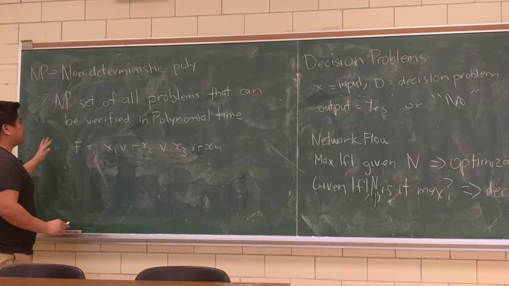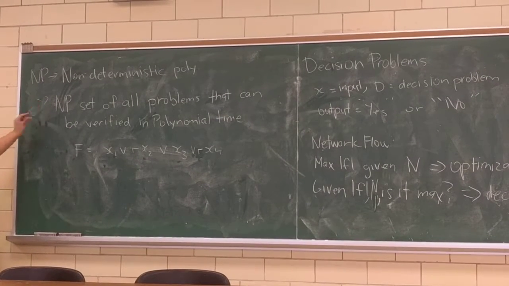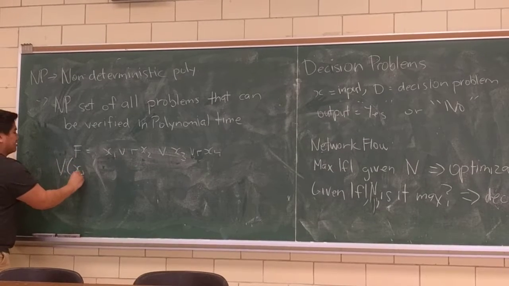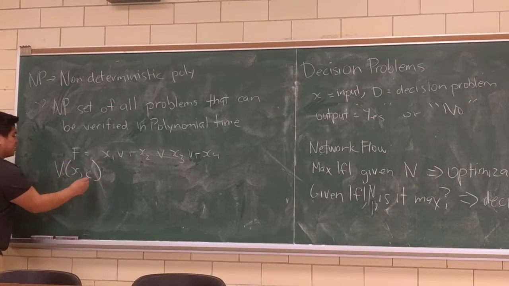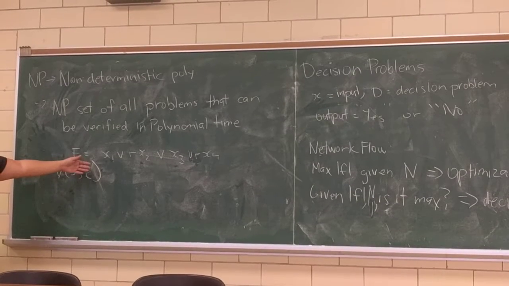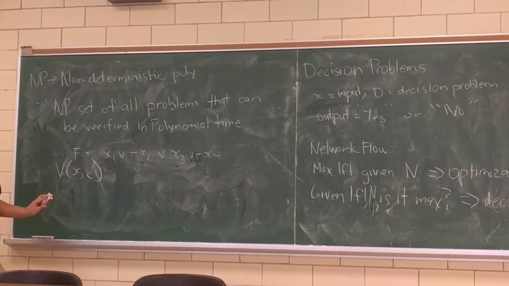What verifiable in polynomial time means is that you have an algorithm V which takes in X and C. C is the certificate. The certificate is proof that the problem can be solved. Is the certificate just like a solution? Yeah, I think so.